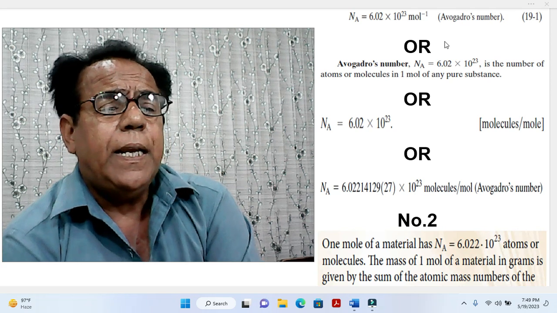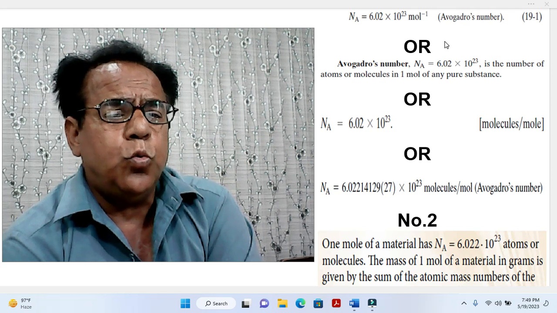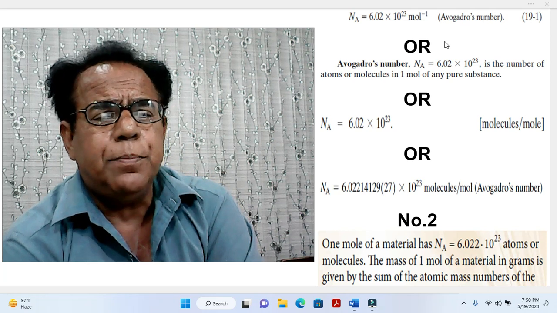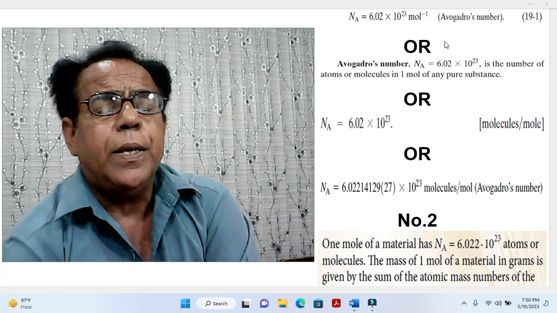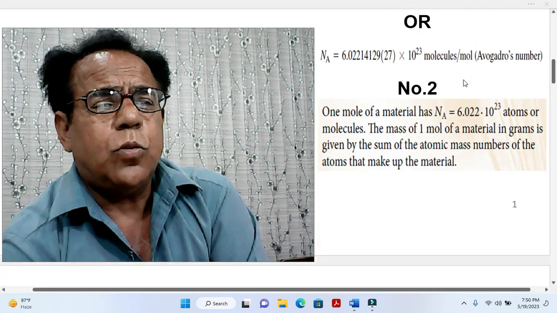Avogadro's number Na is equal to 6.02214129 into 10 to power 23 molecules per mole. This is the definition of Avogadro's number.